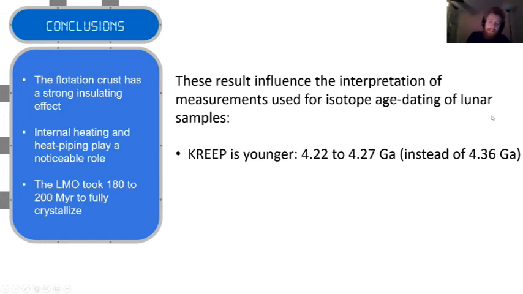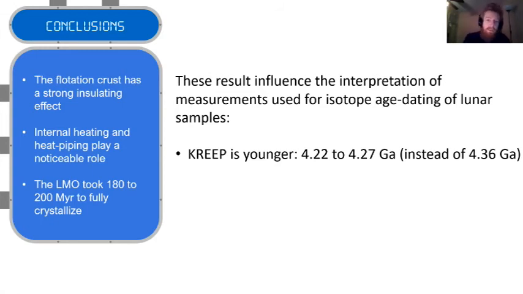As it turned out, that was not so simple, and this whole study on the thermal evolution is only one side of our work, which consisted after that in also reinterpreting the isotope age dating of CRIP samples in the light of this long-lived magma ocean.